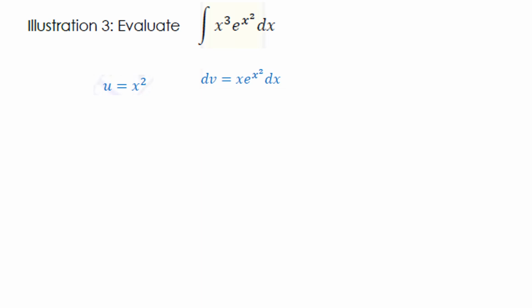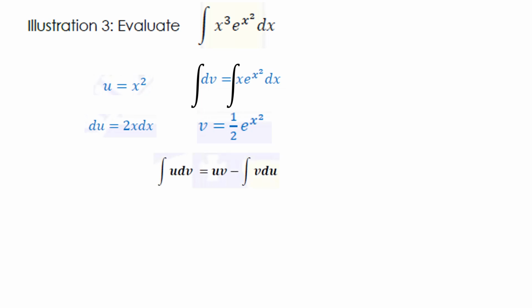If we take the differential of u, that is 2x dx, and then if we integrate dv equal to x e raised to x squared dx, we get v equal to 1/2 e raised to x squared. And now we will be applying the IBP formula.